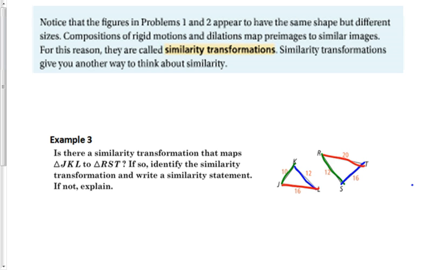So if you think about it logically, if it's getting bigger by a scale factor, it couldn't be 12 to 16, that's going up by 4, or it would be 1 and a third times bigger. 16 to 20 was also going up 4, but that would be 1 and a fourth times bigger. So it's going to be no, there's not a common scale factor.